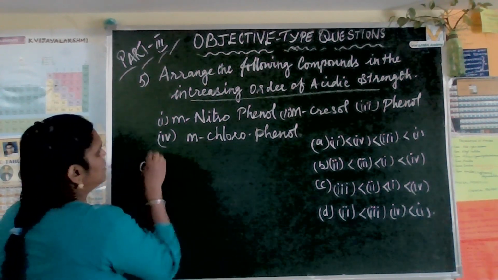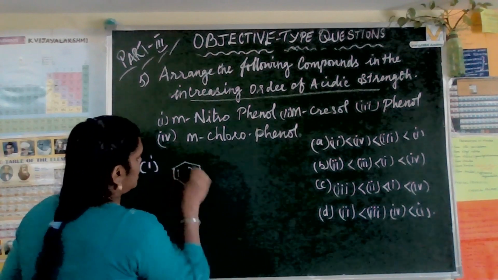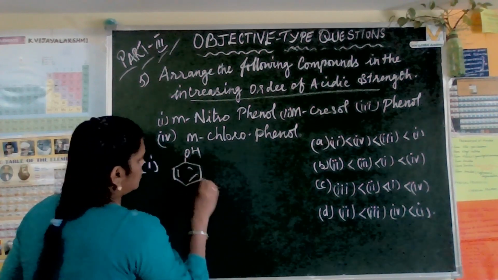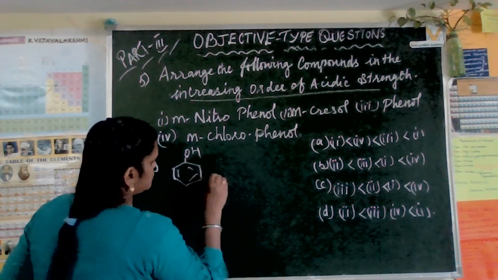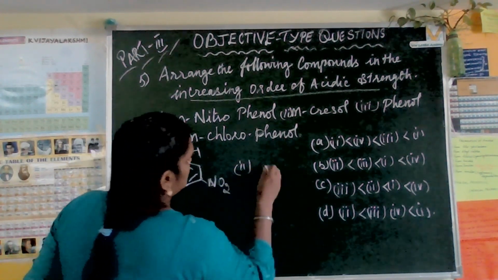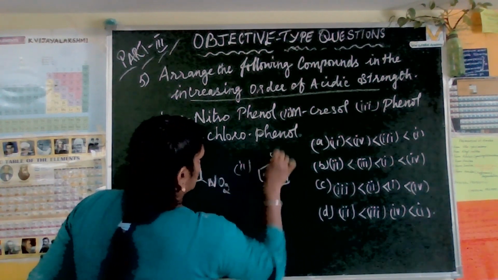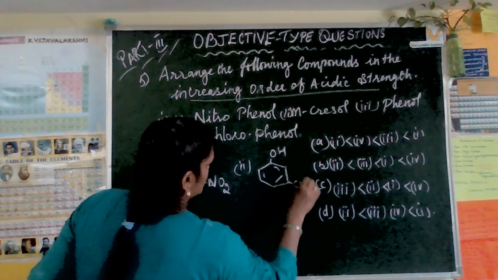The first one is meta-nitrophenol, with NO2. The second one, metacresol, here OH, CH3.